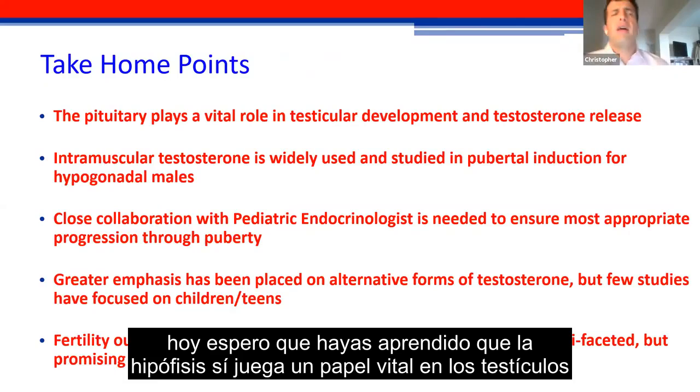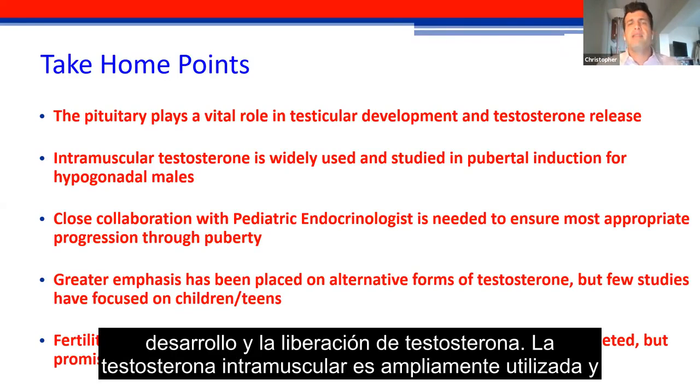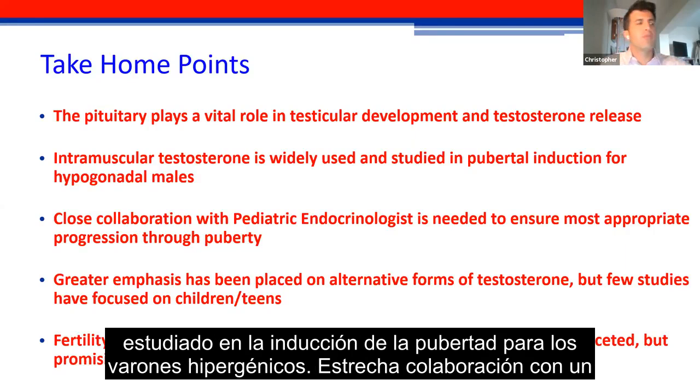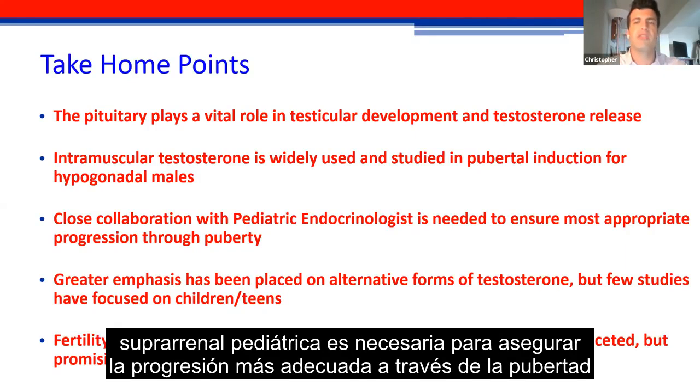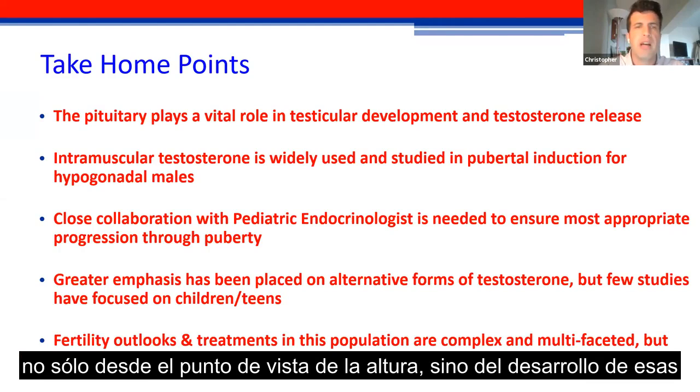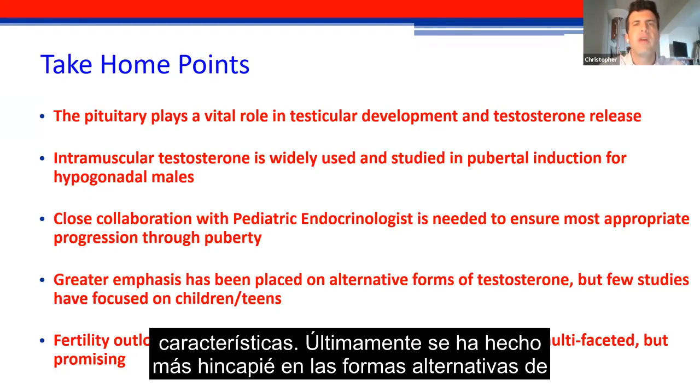So today, I hope you learned that the pituitary does play a vital role in testicular development and testosterone release. Intramuscular testosterone is widely used and studied in pubertal induction for hypogonadal males. Close collaboration with a pediatric endocrinologist is needed to ensure the most appropriate progression through puberty from not only a height perspective, but the development of those secondary sexual characteristics.